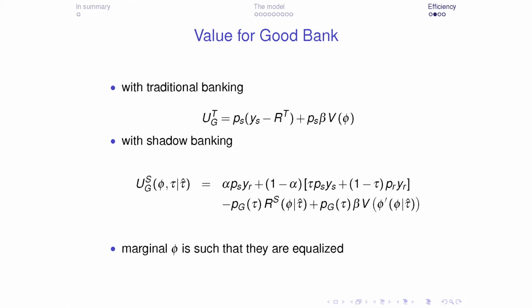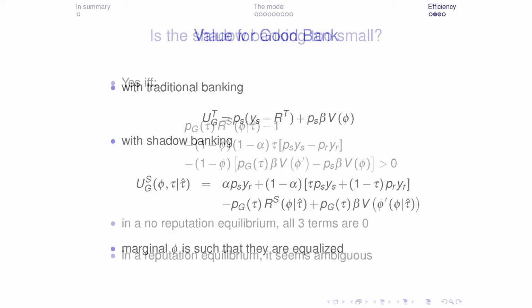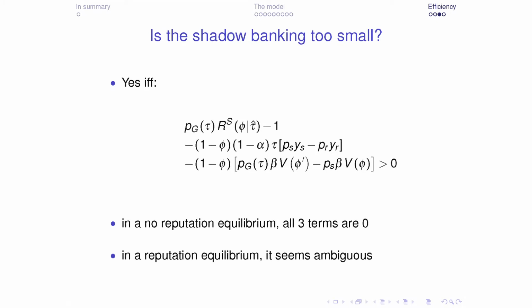And in particular, this is what we get if we do this exercise and plug the marginal fee for the good bank into the social surplus difference equation. We get that the shadow banking system potentially can be too big or too small.